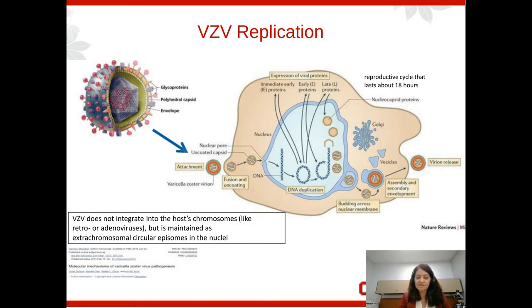It also produces immediate early proteins and late proteins as a result of this replication. And then it assembles with the nucleocapsid protein. The DNA then forms these structures, which are then budded outside of the nucleus. They come into the cytoplasm and then go through further maturation and assembly to become the fully formed virus particle that is then released to the outside of the cell.